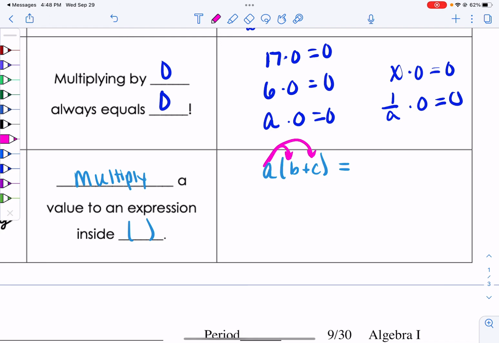So I'm going to have a times b plus a times c. If I have an example like 2 times x plus 7, I can simplify that by distributing my 2 to my x and my 2 to my 7. 2 times x is 2x. 2 times 7 is 14. That's an example of the distributive property.